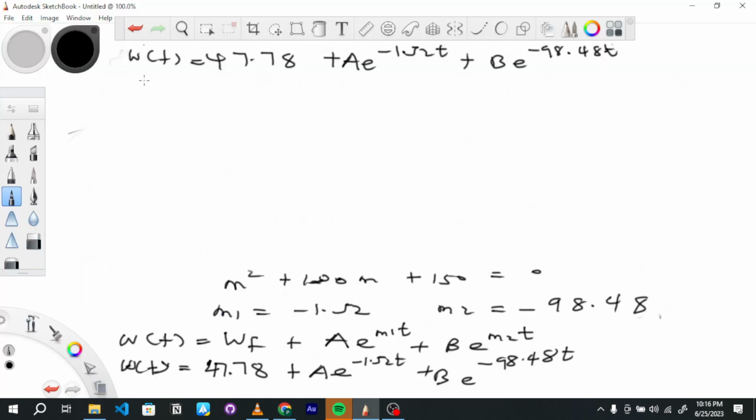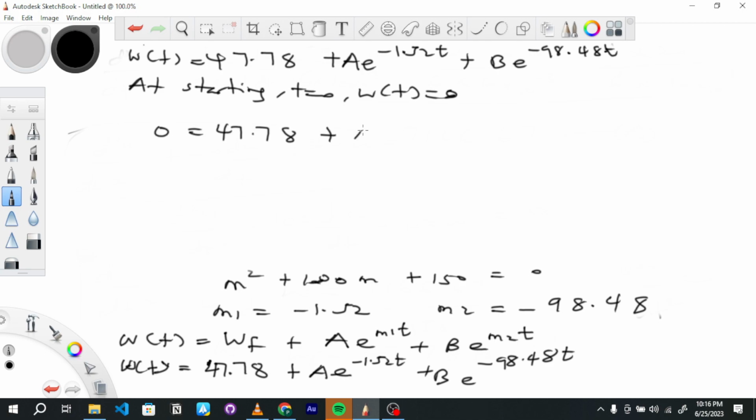So I can use that to get a first equation. As starting, t is 0 and omega at t is also equal to 0. So 0 is equal to 47.78 plus a e to the 0 plus b e to the 0.